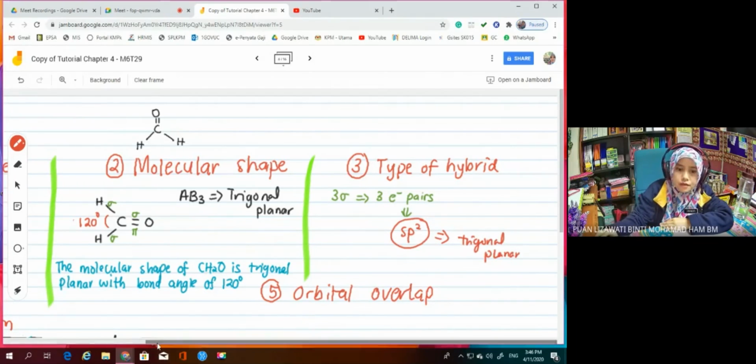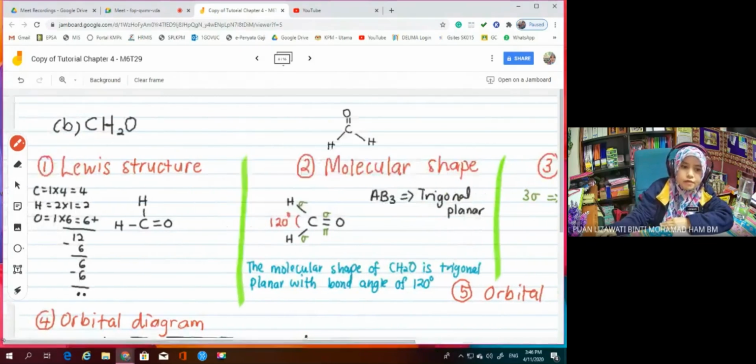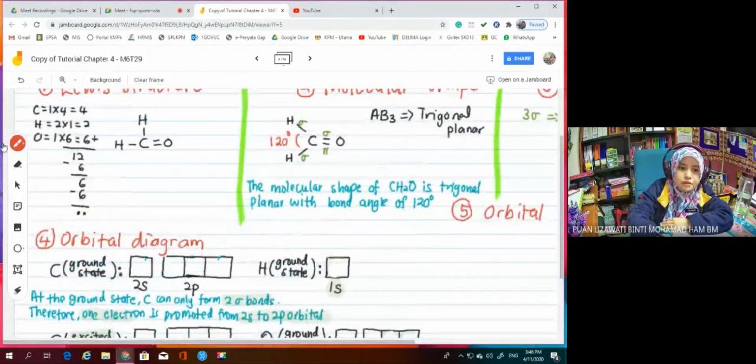Okay, now we move to the orbital diagram, step number 4. First we have to write the orbital diagram for the carbon center at the ground state. Carbon has 4 valence electrons. So therefore, at the ground state, there is 1 paired electron and 2 single electrons.